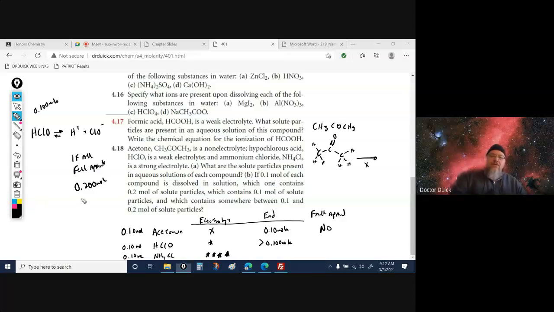And that, friends, would be a strong electrolyte. In this case, it'd be ammonium chloride. So this guy right here will be 0.200 moles. This is all, and this would be some.